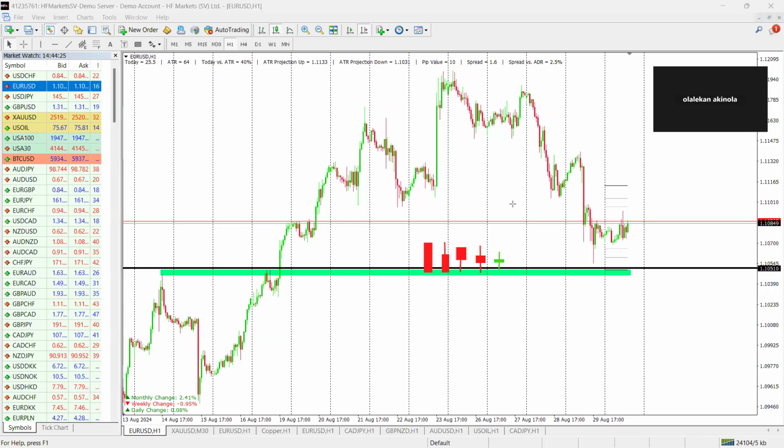Now, one thing you must not do is get too excited with price testing your level, no matter how solid it is, and getting carried away. You see, market pressure is one of the major things that you need to look out for, especially when you're looking at entering into market from a particular level.